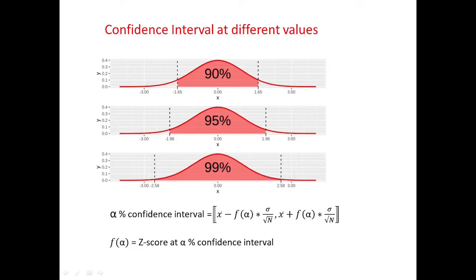Secondly, we can see that the width of the interval is inversely proportional to the square root of the number of samples. So when the sample size increases, the width of the confidence interval decreases. As the width becomes smaller, our confidence in the estimate increases. So we can clearly see how this formula encapsulates the intuitions that we learned earlier.